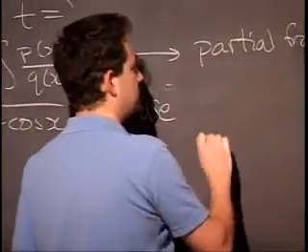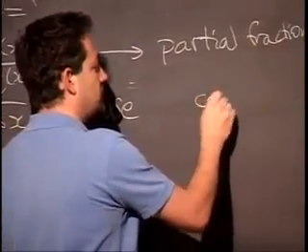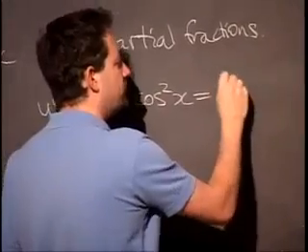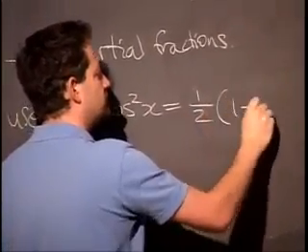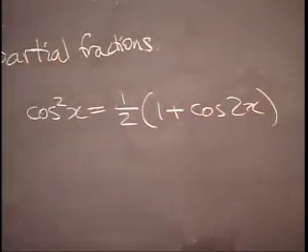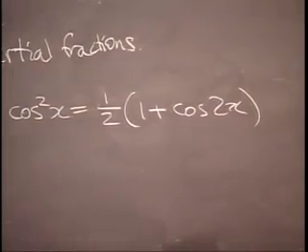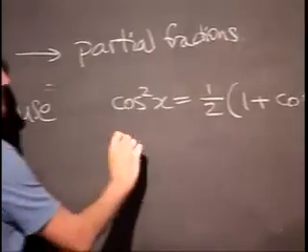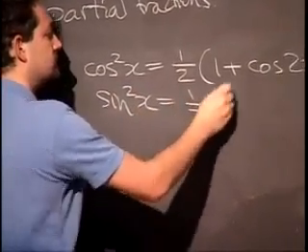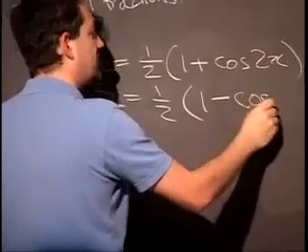This time, you've got to be a little bit careful. I just leave it in the form that I had before. Cosine squared x is 1/2 of 1 plus cosine 2x, and sine squared x as before.